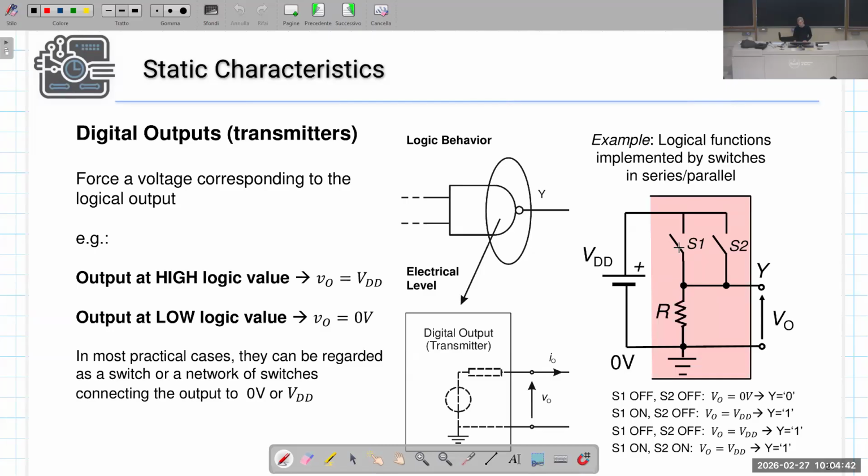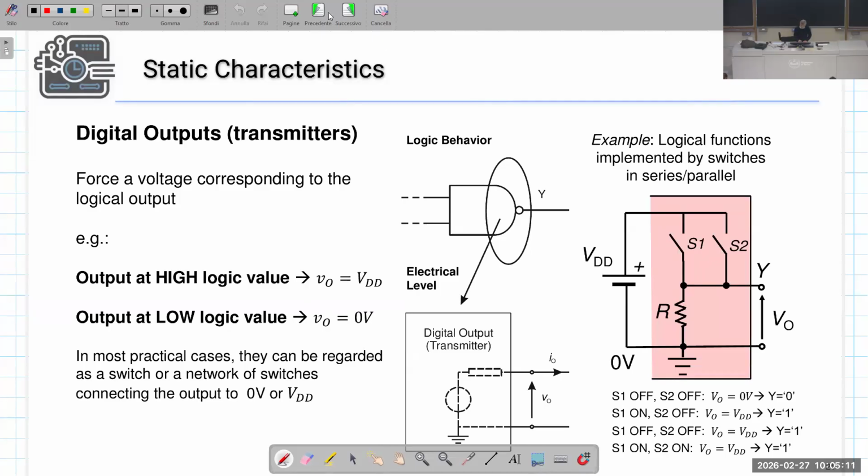If we have two switches and the resistors connected with the two switches connected in parallel between the supply and the output, this implements the OR function. If just one switch is on, the output is high, so Y is equal to 1. Otherwise, if both the switches are off, the output is low.